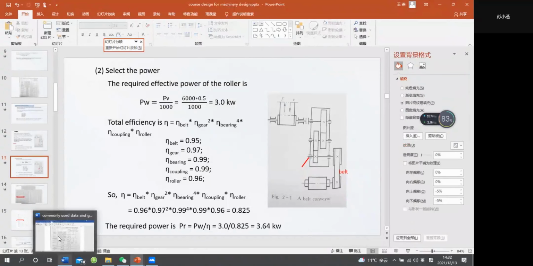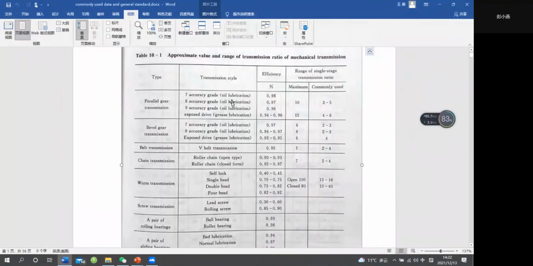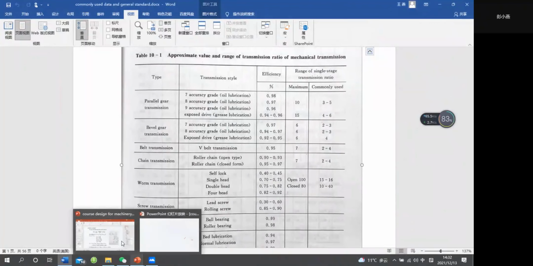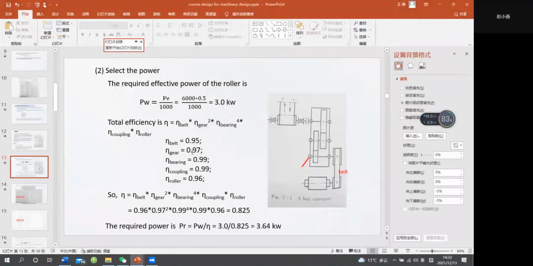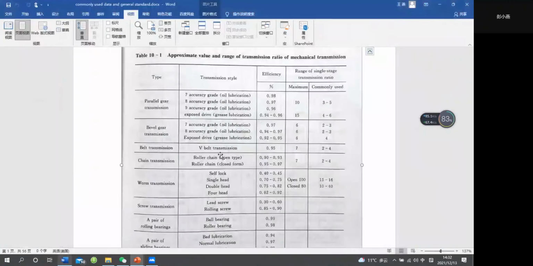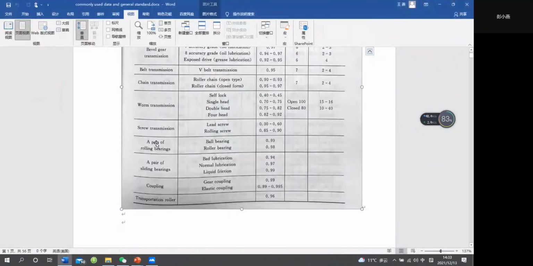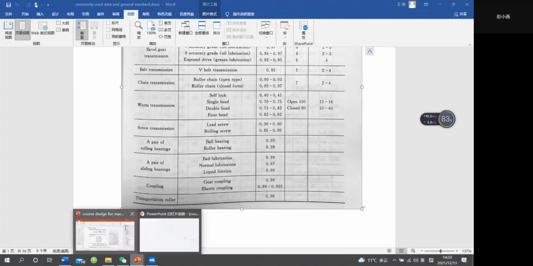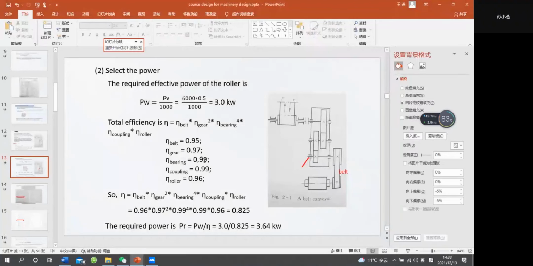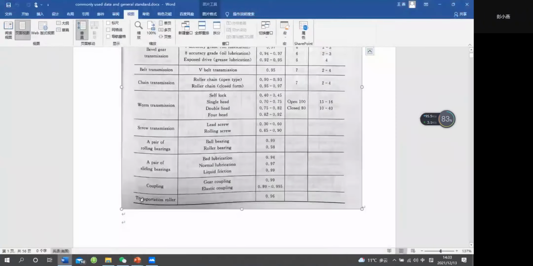And for the gear, choose 8 grade, it is 0.97. And for the bearings, if you choose ball bearing, it's 0.99. If you choose roller bearing, it's 0.98. So here we choose the bearing as 0.99. And for the coupling, gear coupling is 0.99.